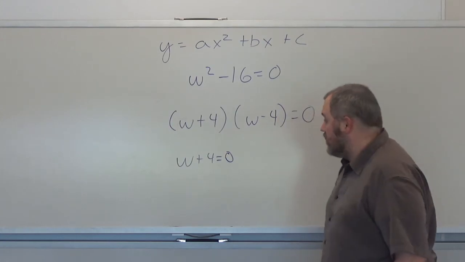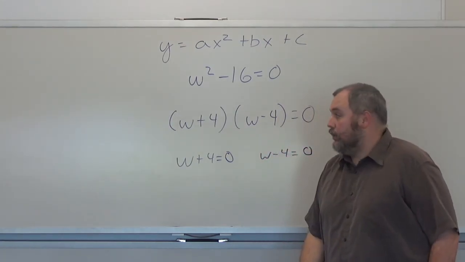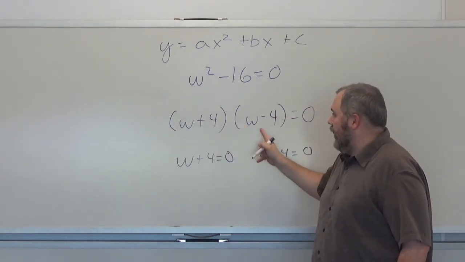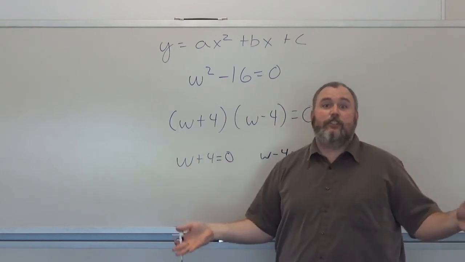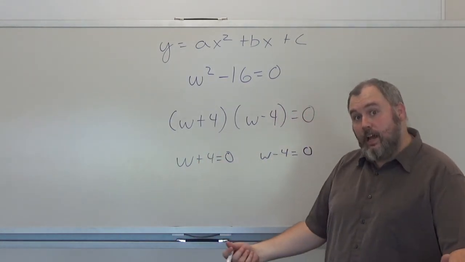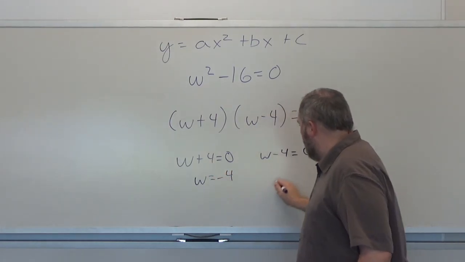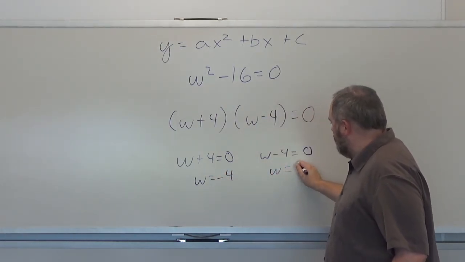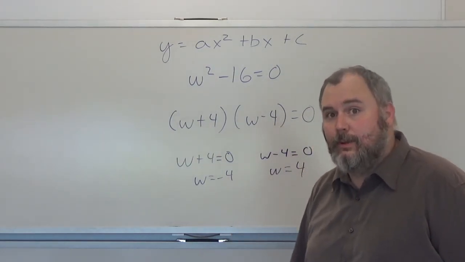We can also say that w minus 4 is equal to 0. See how I just put this with that and this one also with that? So I've got 2 unique little mini equations here. So now I can solve for w. W is equal to negative 4 and w is equal to positive 4. All right, so I have two possible answers here.